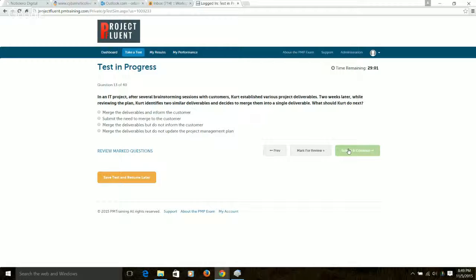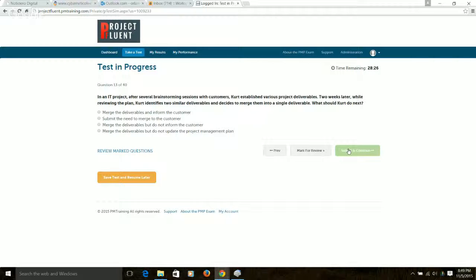In an IT project, after several brainstorming sessions with customers, Kurt established various project deliverables. Two weeks later, while reviewing the plan, Kurt identifies two similar deliverables and decides to merge them into a single deliverable.